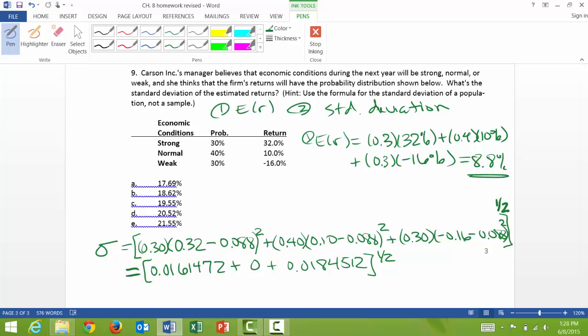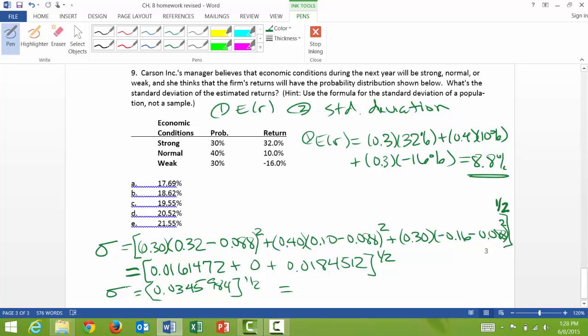So I'm going to add that, since I already have this number in my calculator, plus the first number I got, 0.0161472. And so I get 0.0345984, and I need to take the square root of this number to get the final standard deviation.